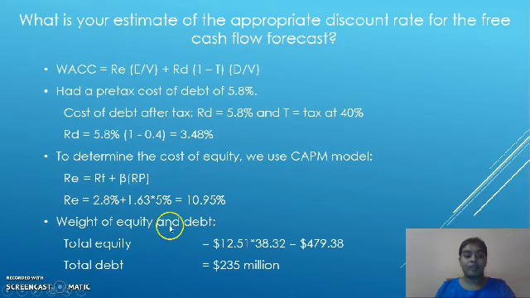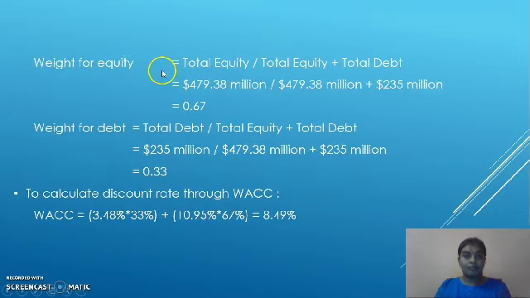In order to get the weight of equity and debt, first we need to get total equity, which is $479.38, and total debt of $235. For the weight of equity, we can calculate it by total equity divided by the sum of total equity and total debt, which is equivalent to 0.67.